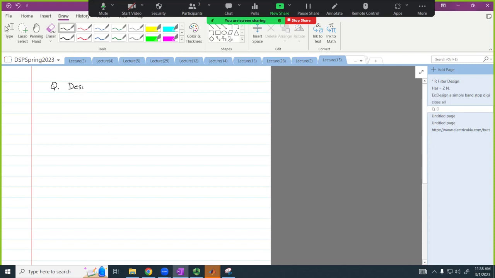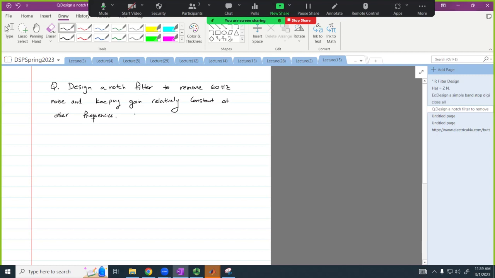So we're going to design a notch filter, continuing from the previous example.